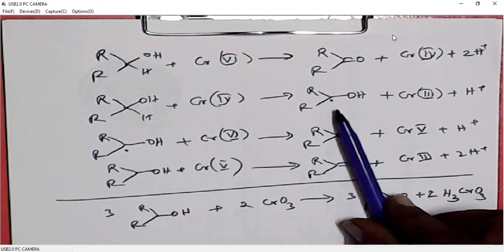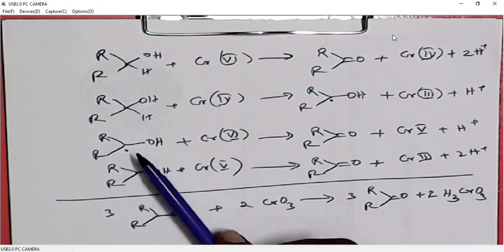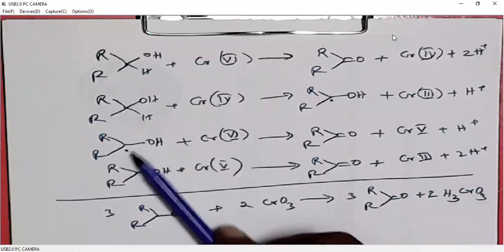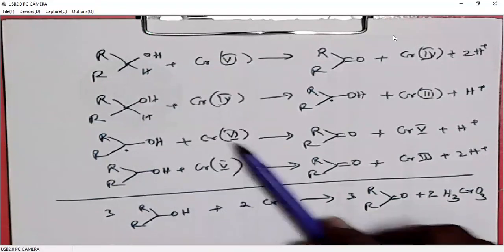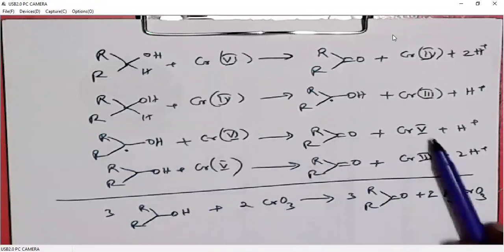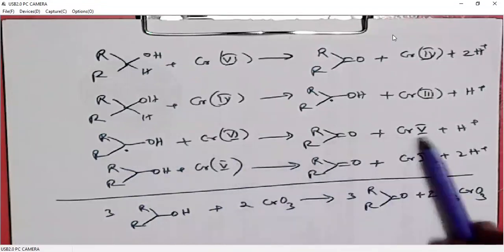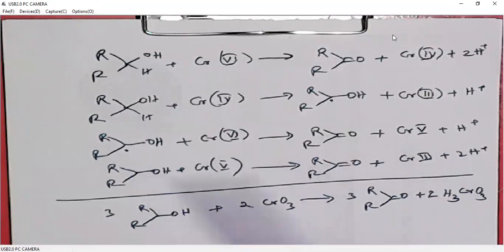This radical alcohol now gives one more electron to chromium 6, so it becomes oxidized, and chromium 6 now becomes chromium 5. So this chromium 5 will oxidize another alcohol to ketone, and this chromium 5 will convert to chromium 3. So that means 2 molecules of chromium oxide can convert 3 molecules of alcohol to ketone.